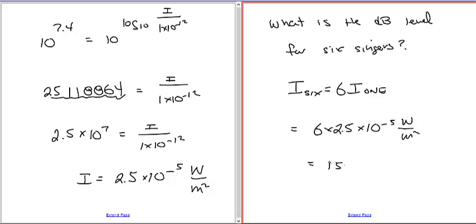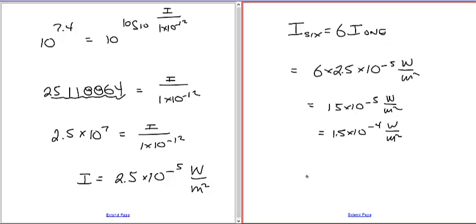So you'd have 15 times 10 to the minus 5th watts per meter squared, or 1.5 times 10 to the minus 4th watts per meter squared. I'm changing it to 1.5 because that's the way you're supposed to do scientific notation.